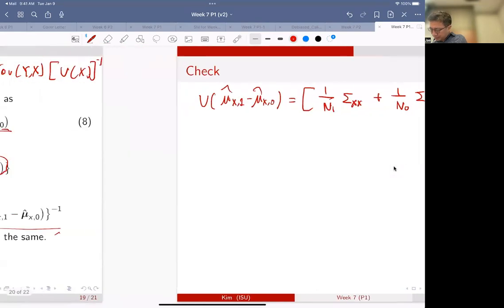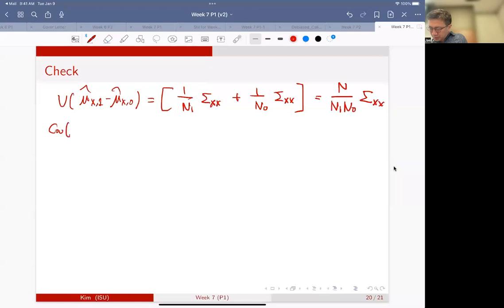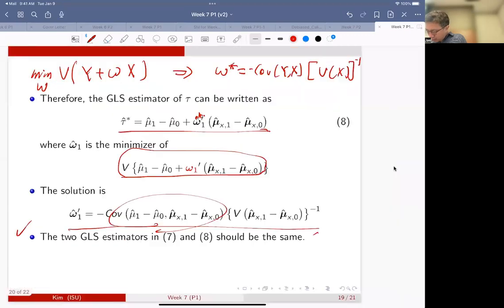And then this term, covariance of mu hat 1 plus mu hat 0, right?